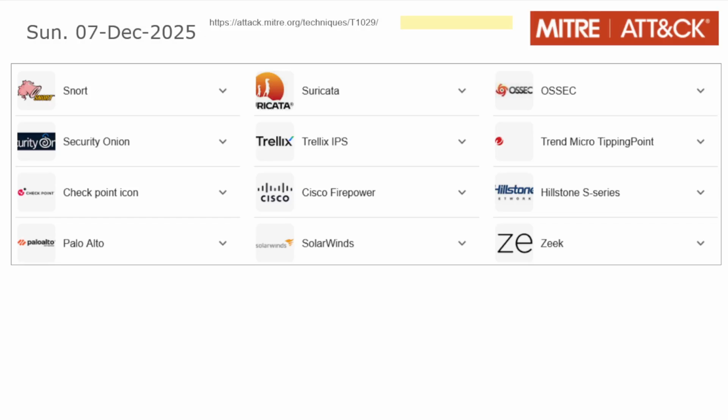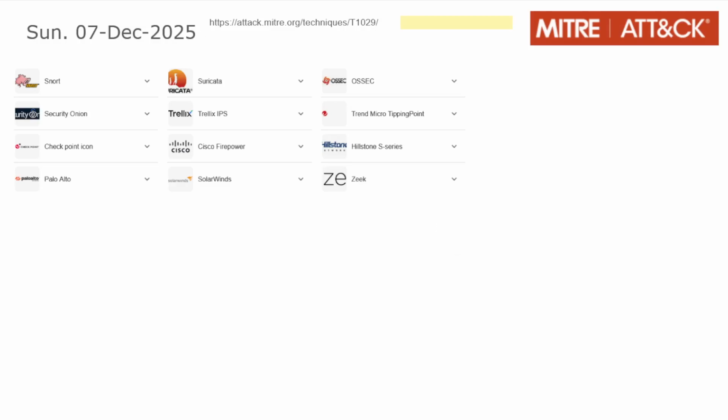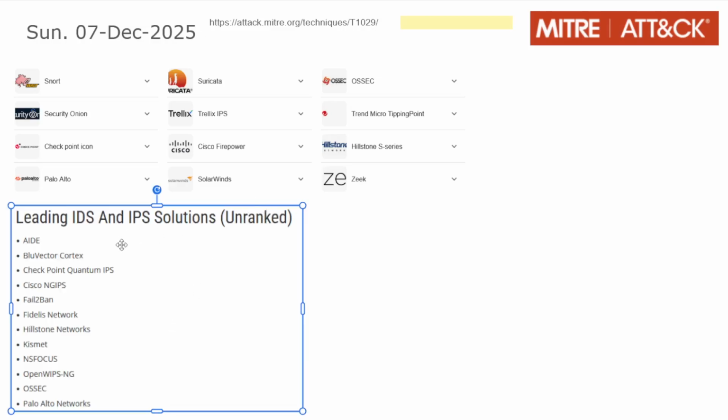Here's a website that shows you the top 10 systems. Yes, perfect. So we should make this a little bit smaller like this. And then I would like to simply copy that like this. There we go. And so Palo Alto Networks is the last one here. And then you have more.